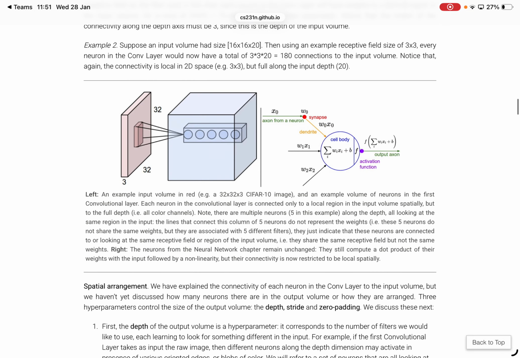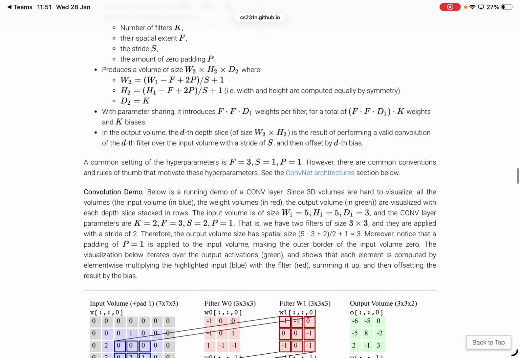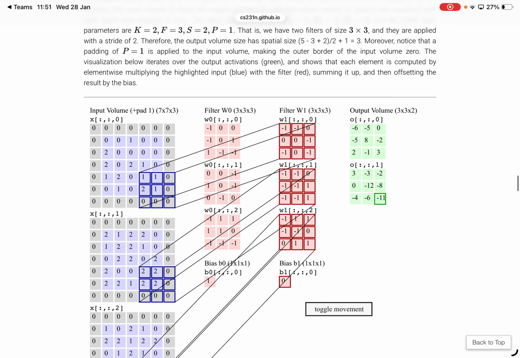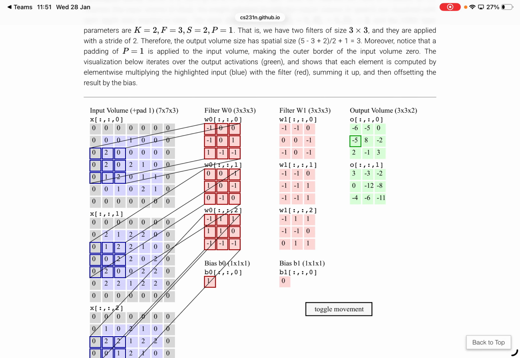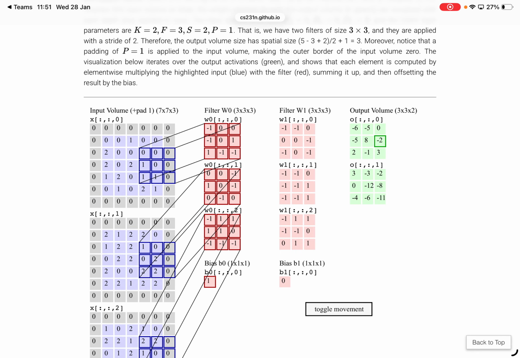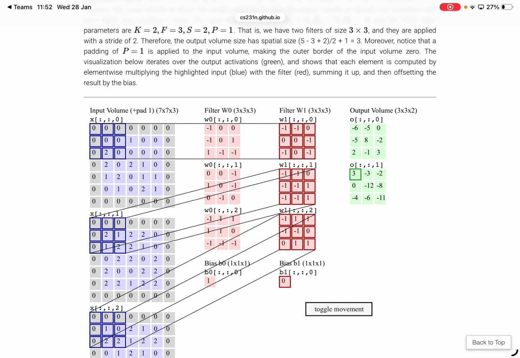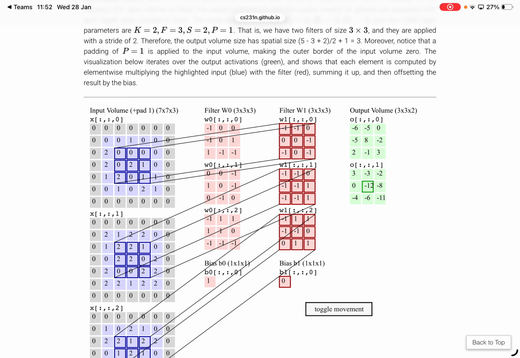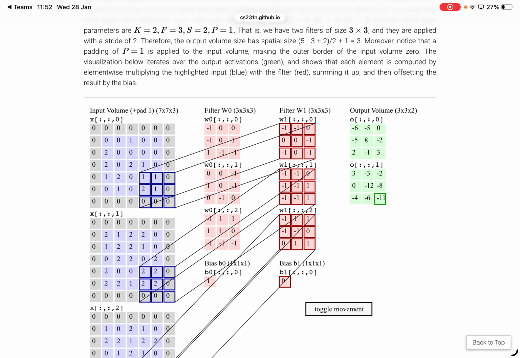a convolutional layer is different. When you apply convolution, it's just like applying a convolution operation in image processing, where you have a filter. Usually, filtering in image processing is very similar to a convolutional layer where you set the number of input channels to be the same as the number of output channels. Convolutional layers work like this.